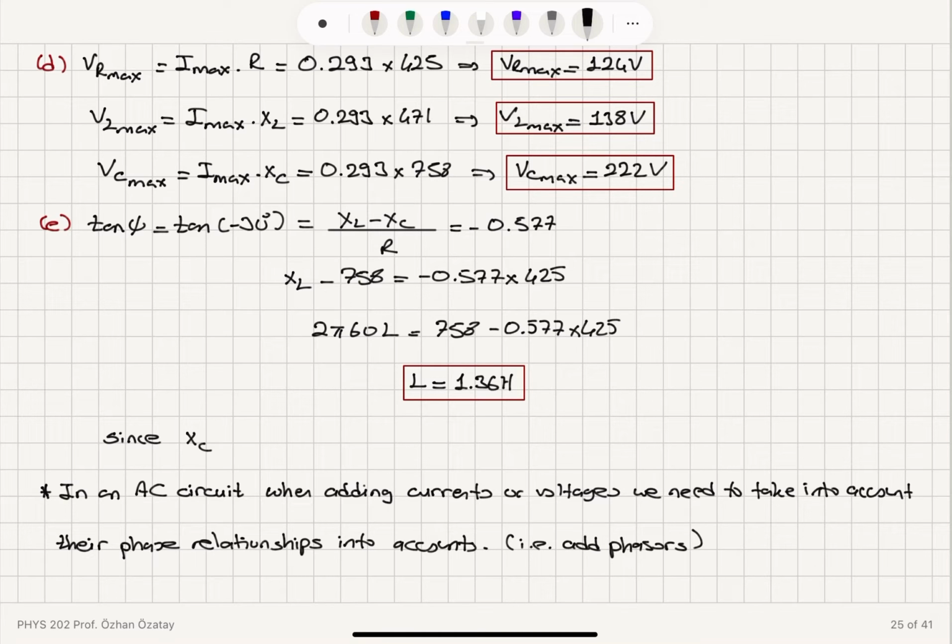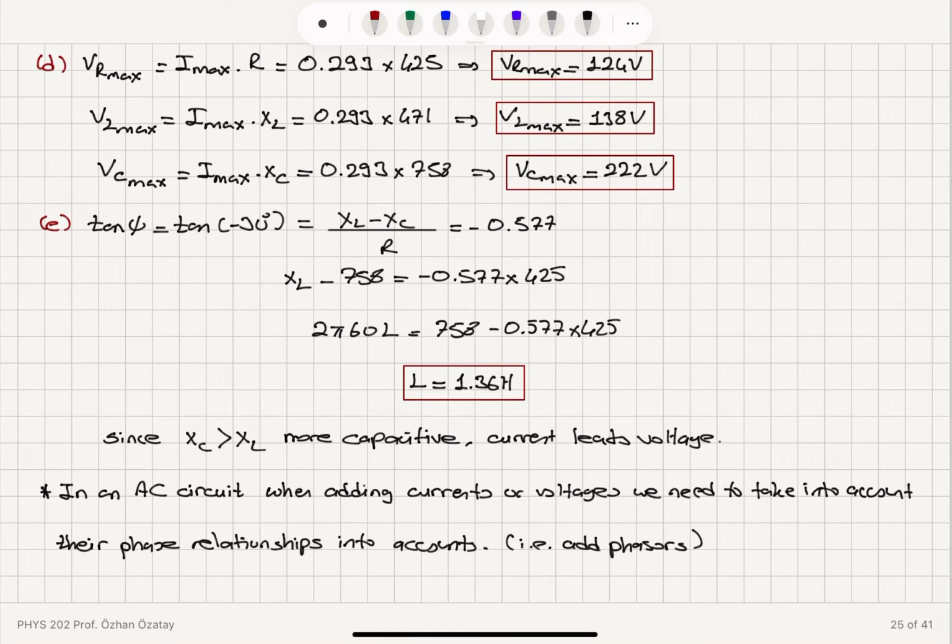Okay, so in this circuit, I observe that the capacitive reactance XC is greater than the inductive reactance XL. So this circuit is more capacitive. As a result, current leads voltage. Current leads the voltage of the AC source.